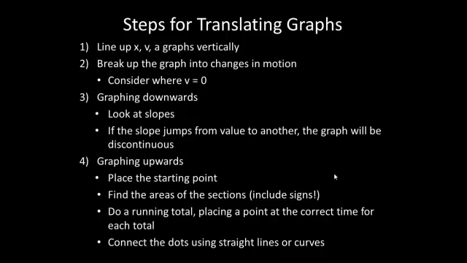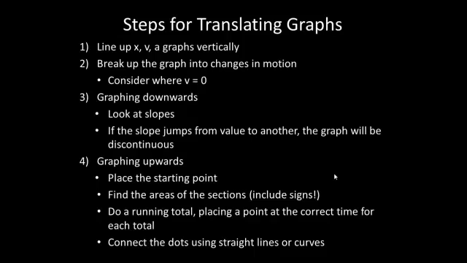You'll want to place the starting point, and again, you always need to know what the initial condition is, whether that be going from an acceleration to a velocity graph, knowing your initial velocity, or going from a velocity to a position graph, knowing your initial position. Find the area under the sections. Now, you need to be careful about the signs. We gave an example where the velocity was positive.